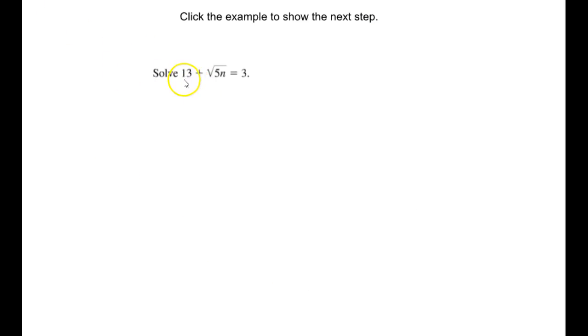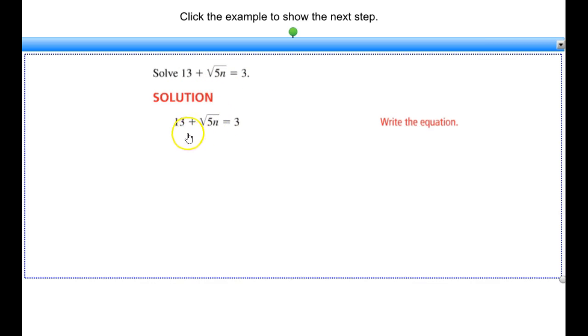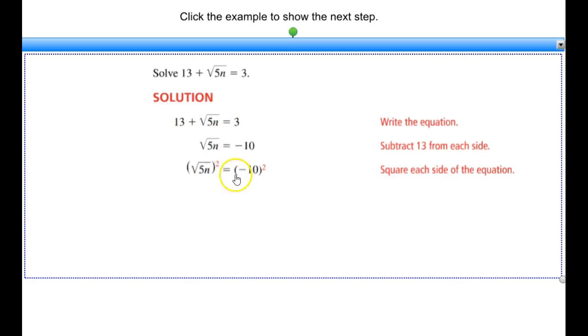Now here's another one I want you to work on solving. Let's try this. Again, I see I've got several things being done to my radical, and let's undo those. I write my original equation, then I subtract 13 from both sides to get the radical by itself. Now the radical is by itself on the left side, so I square each side, so I end up with 5n equals 100. I divide by 5, and I end up with n equals 20.